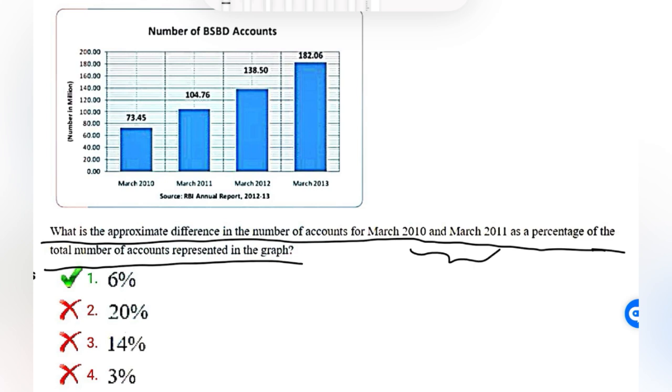Here the difference between March 2010 and 2011 is 73.45 and 104.76, which is equal to 31.31.